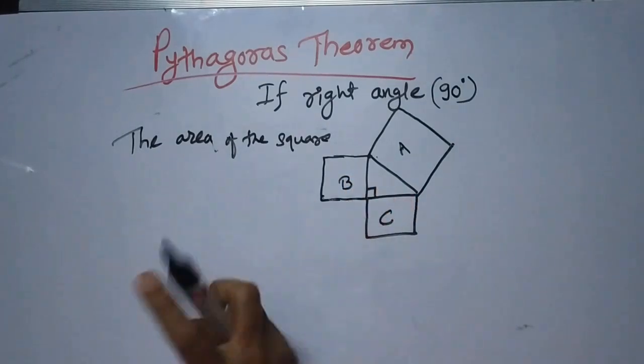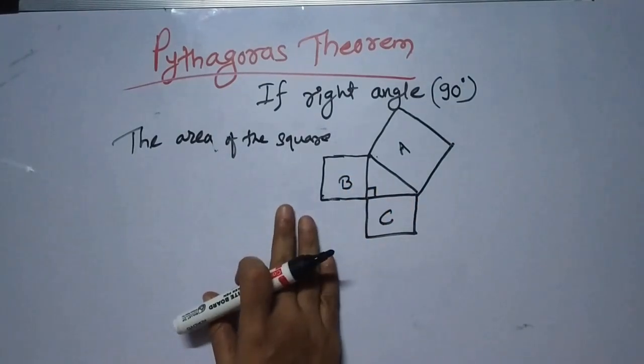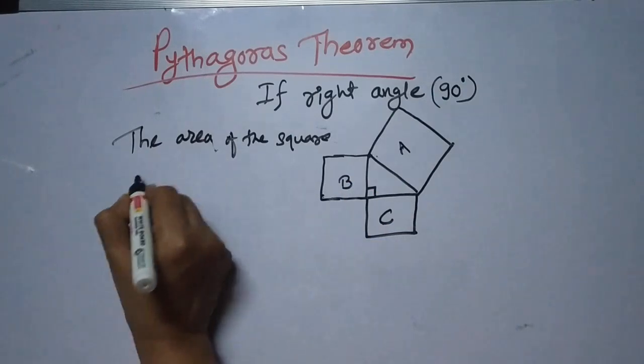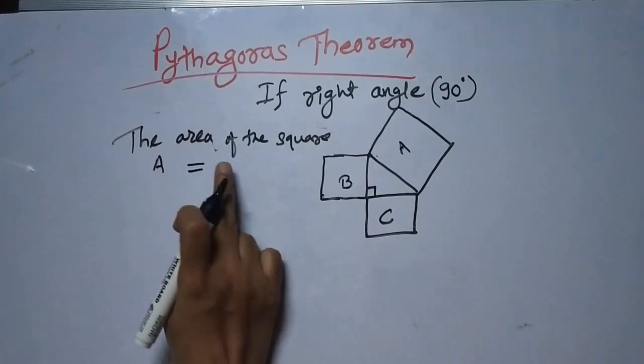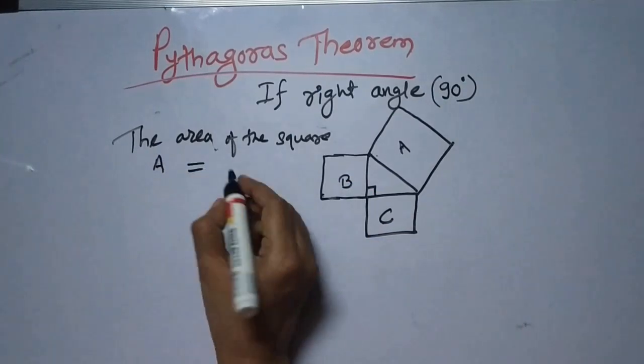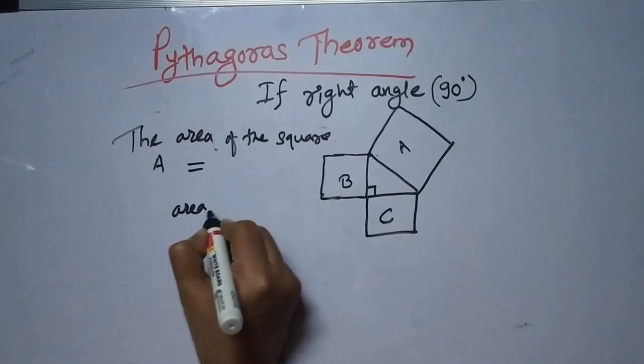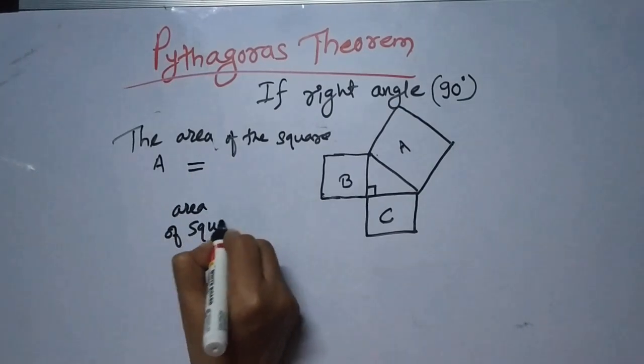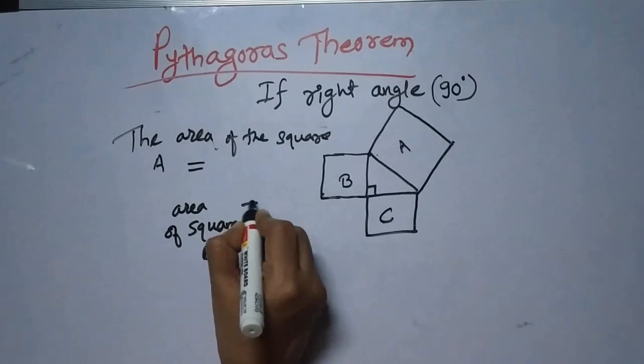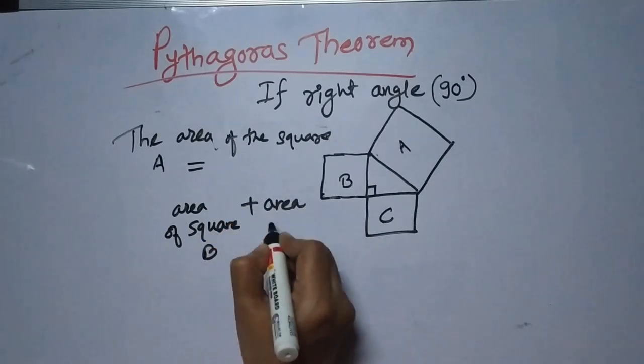So the area of square A is equal to the area of square B plus the area of square C.